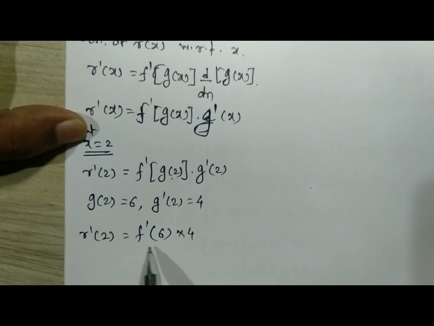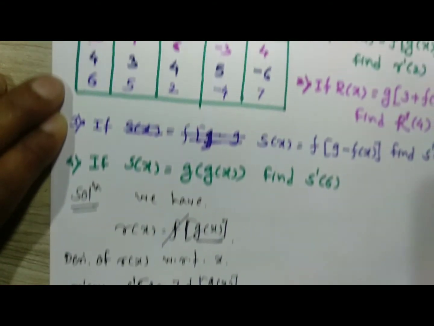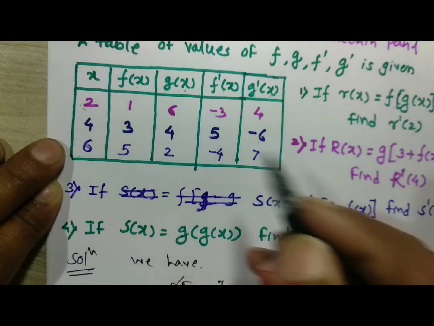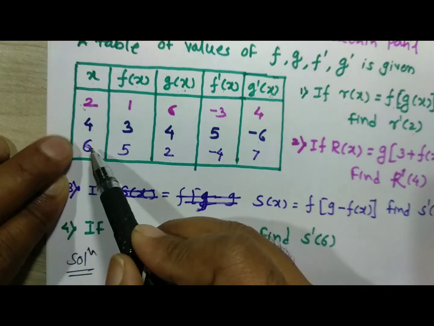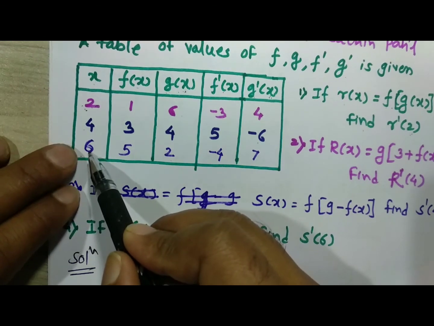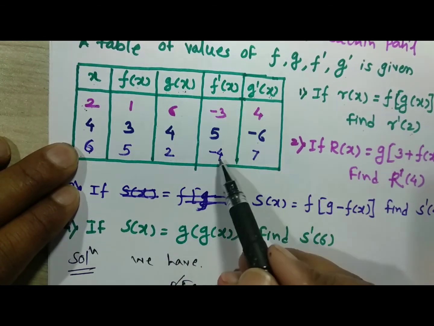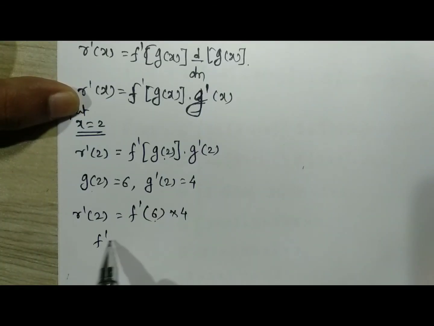Now we move on to f dash 6. That means you have to put the value x is equal to 6 inside the f dash function. Moving inside the table, if x is equal to 6, then f dash x is equal to minus 4, and therefore f dash 6 is equal to minus 4.